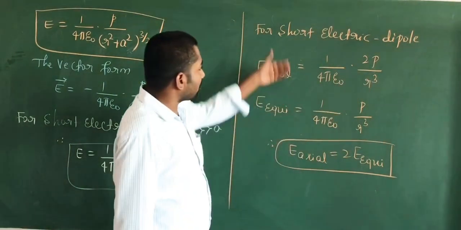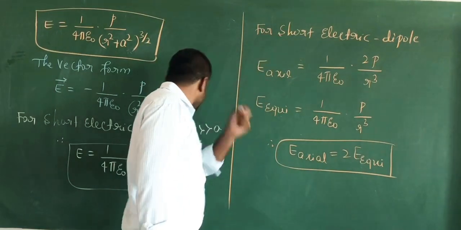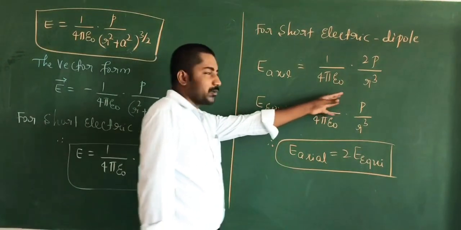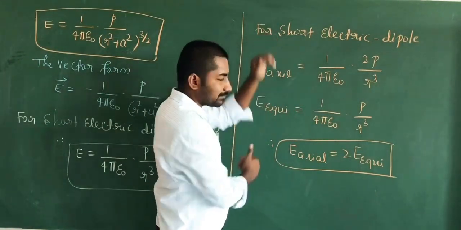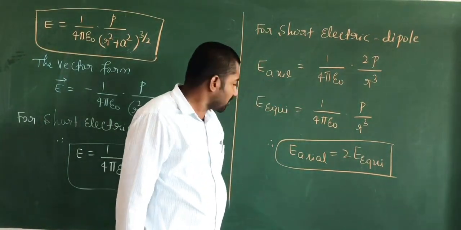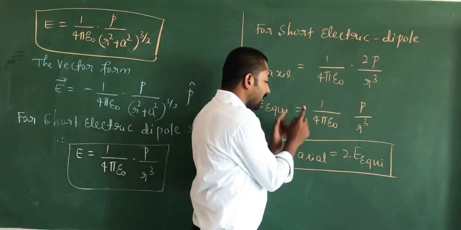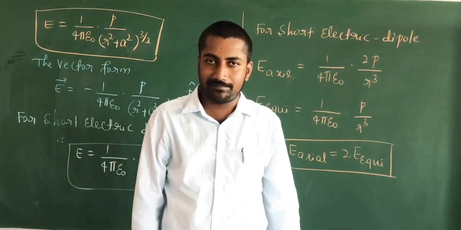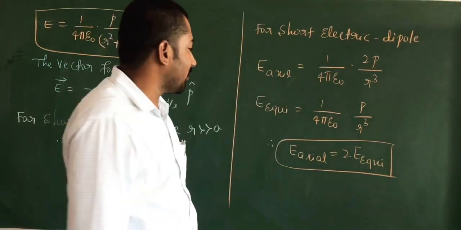But for a short electric dipole on the equatorial line, that is 1 divided by 4 pi epsilon naught P divided by R cube. Now compare these two equations. The electric field on the axial line is equal to 2 times that on the equatorial line.